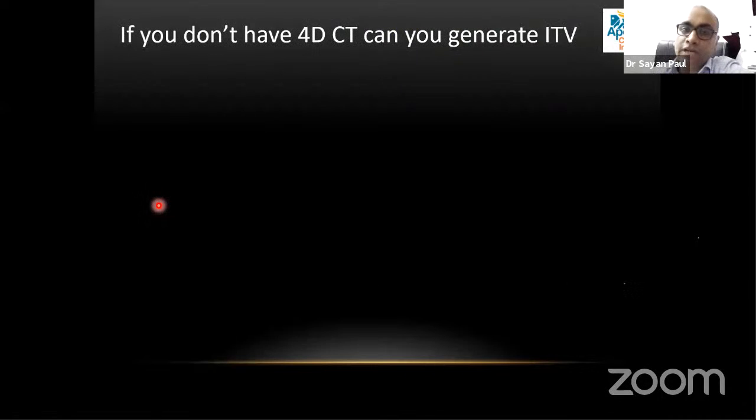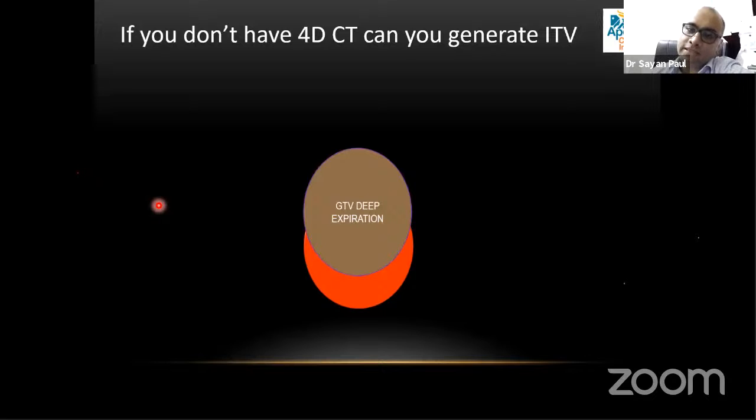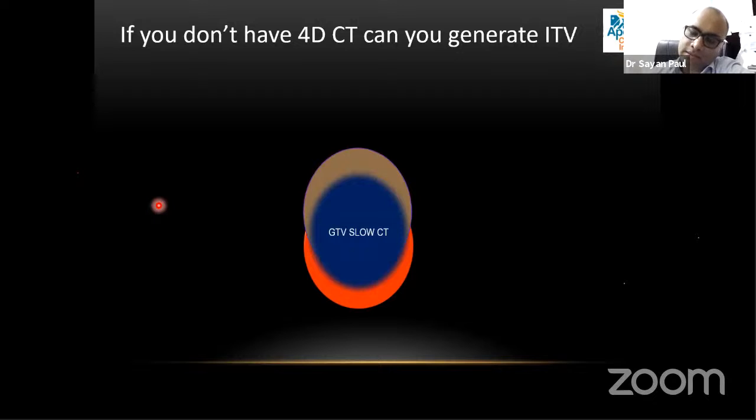Suppose you don't have a 4D CT scan, can you generate an ITV? This question arises because all centers don't have 4D CT scan. Yes, you can. How? You take one scan at deep inspiration and draw the GTV, and draw another GTV on a scan taken at deep expiration. You take a slow CT scan and draw it on that.